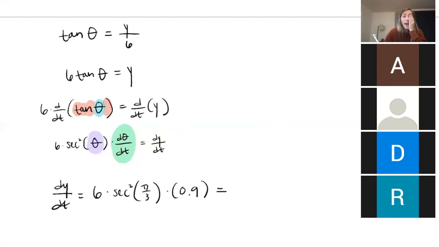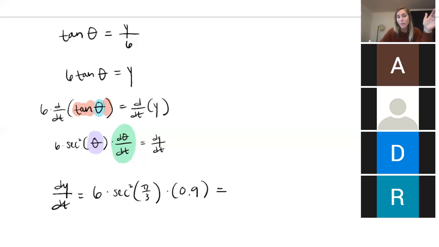You can use the unit circle to figure out what secant of pi over 3 is, and then square it. You can also use your calculator if you want.